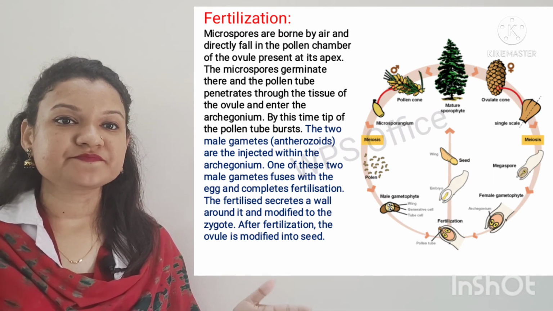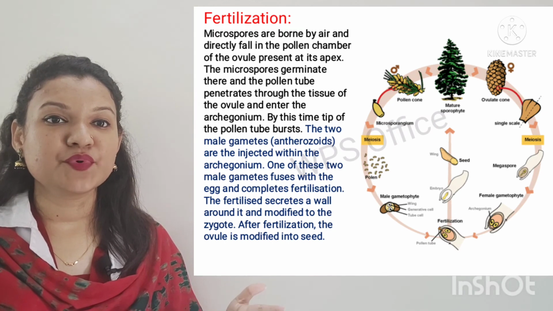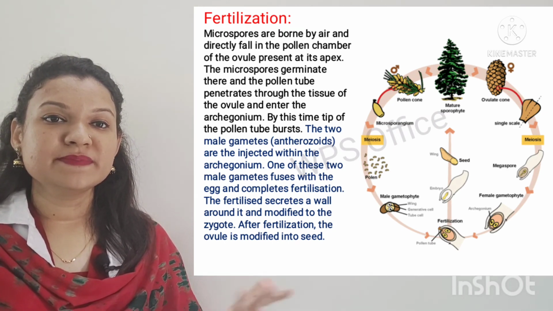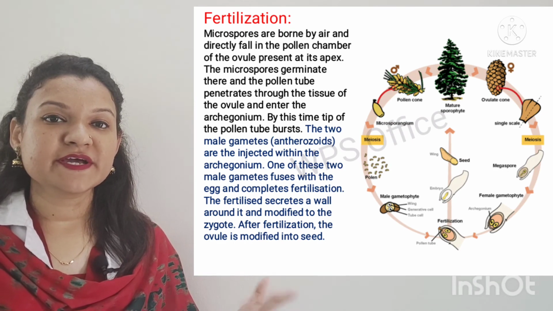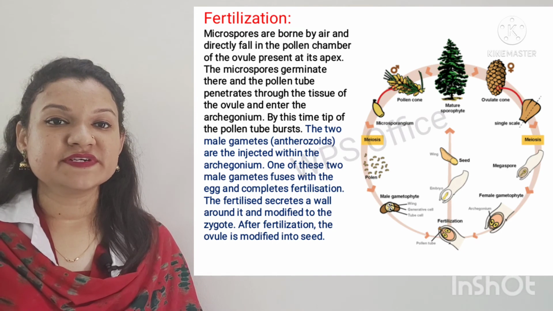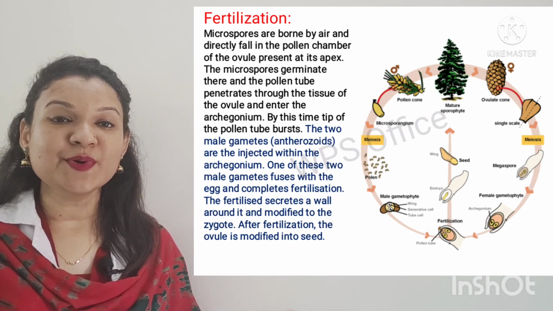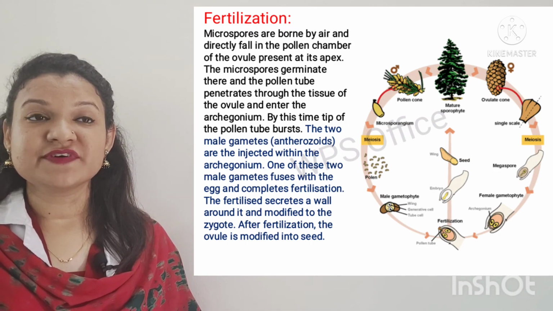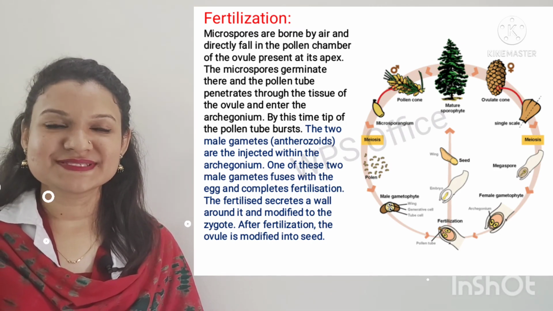After that, pollen and megaspores are produced: the male gametophyte from the microspores and the female gametophyte from the megaspores. After that they are fertilized and produce an embryo, and after that it produces a seed. So, this is the fertilization process of Cycas.